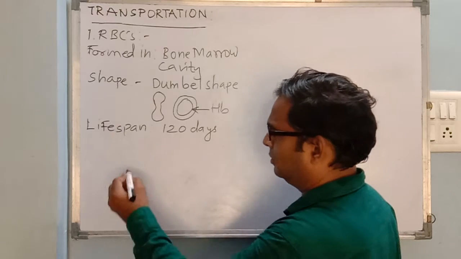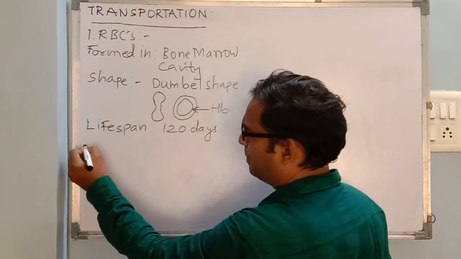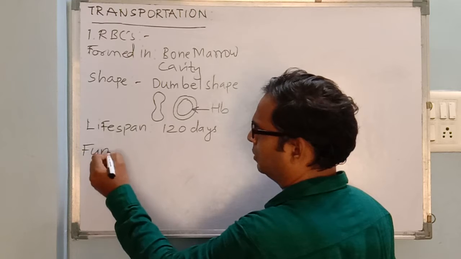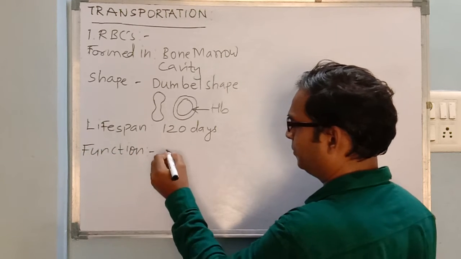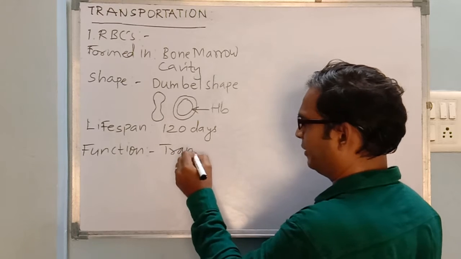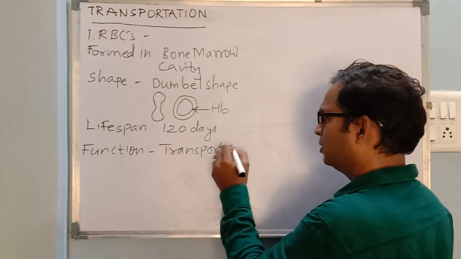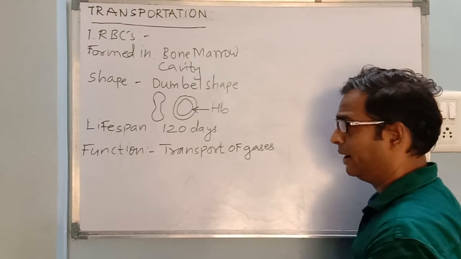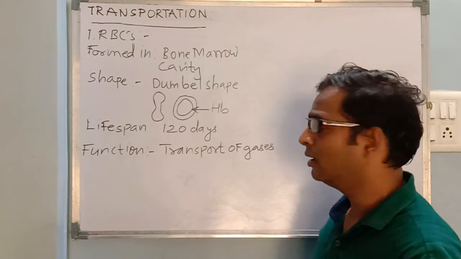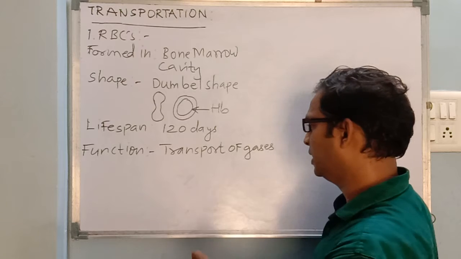And now comes its main function. The role performed by these RBCs is basically transport of gases. Which gases? Mainly oxygen and carbon dioxide. Basically oxygen.